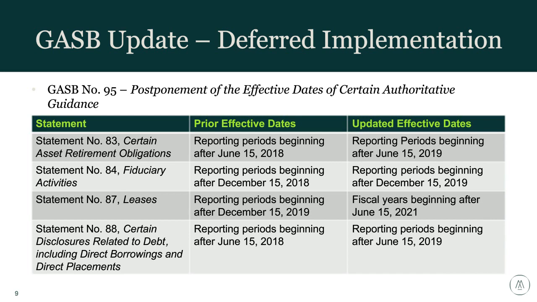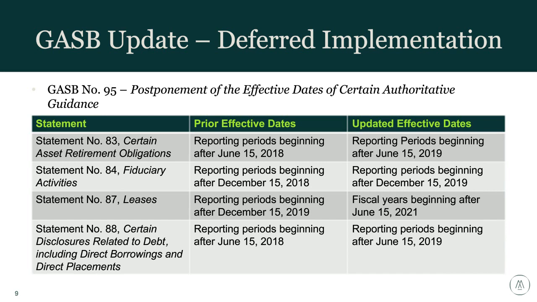And then Statement 93 is there's several governmental organizations that use the interbank offered rates as a variable rate for their payments. As a result of the global reference rate reform, this is providing a way to transition away from the interbank offered rates.